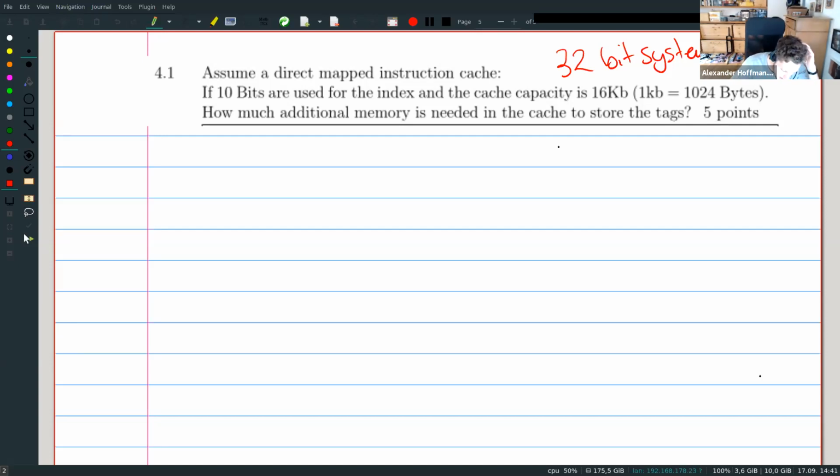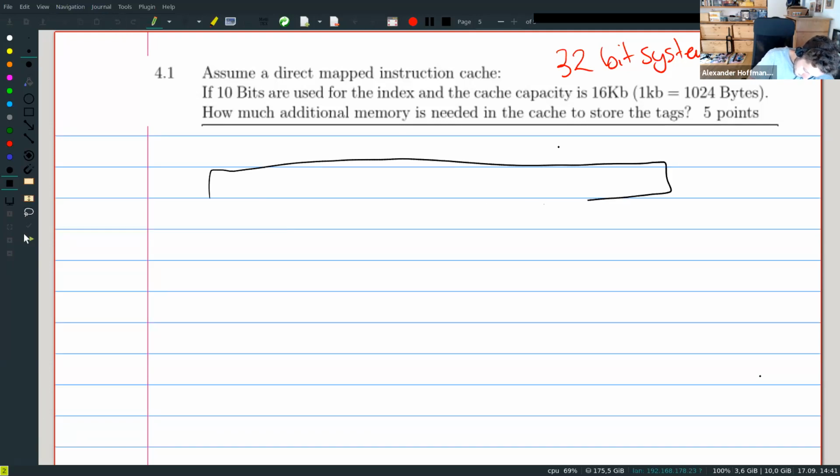So on this question, let's have a look. How would we go through this? An easy way to start is to draw a picture. Ten bits are used for the index.